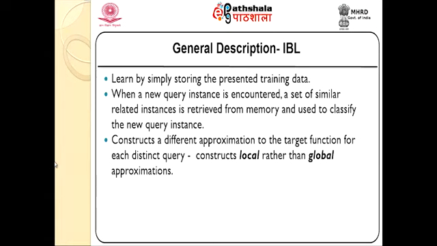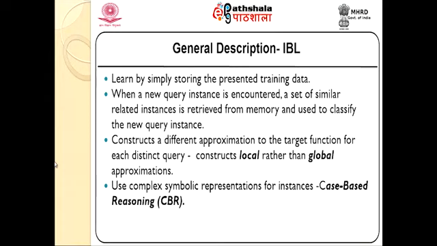It constructs a local rather than a global approximation, local to the query instance. So every distinct query instance will have a different approximation. If you use complex symbolic representations for these instances, with some pre-processing done, then it is called case based reasoning, or CBR.